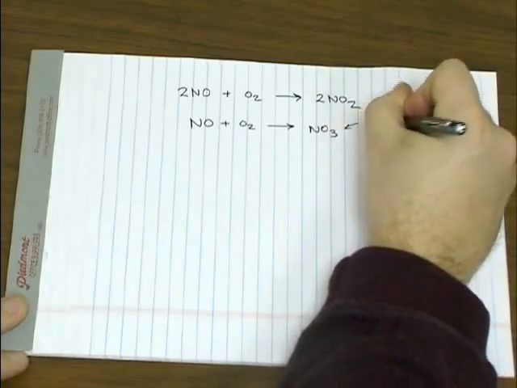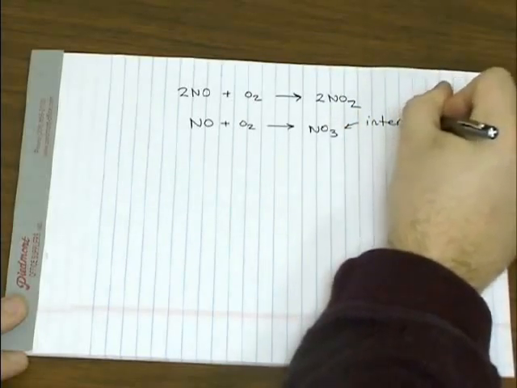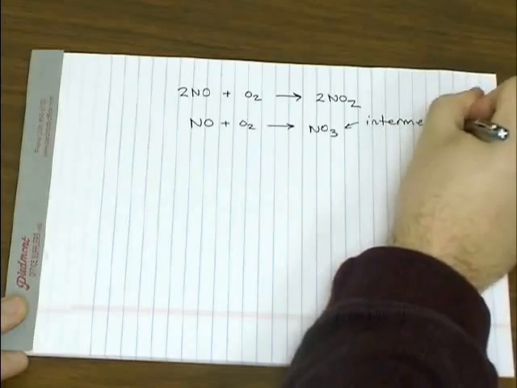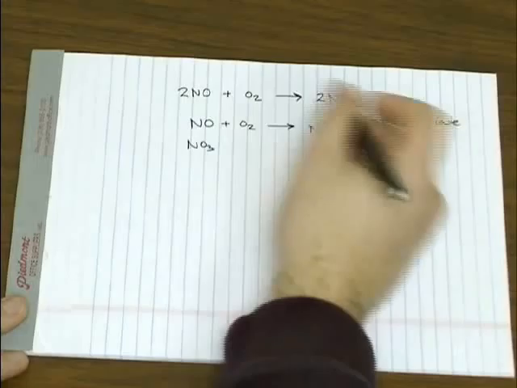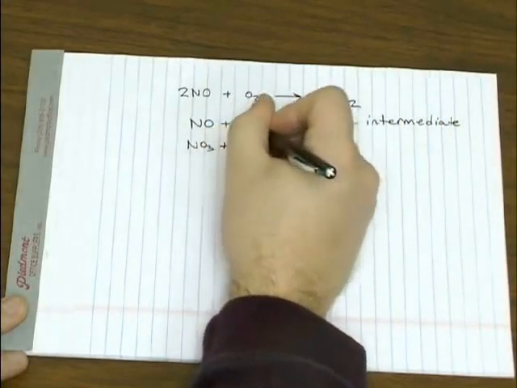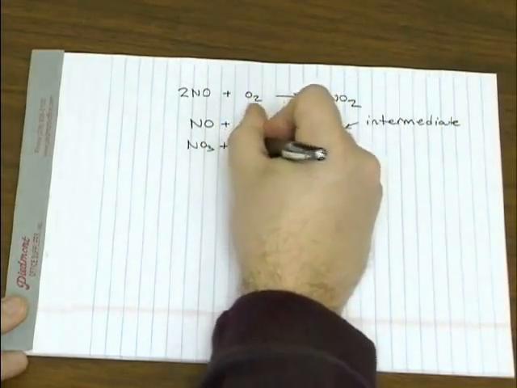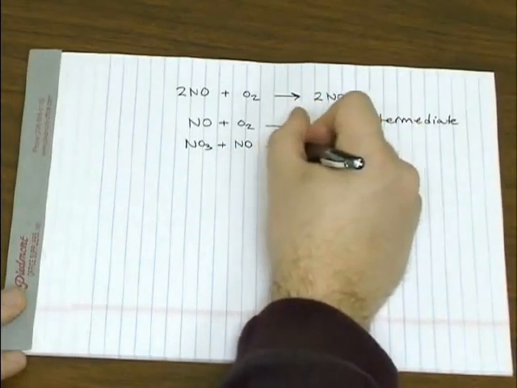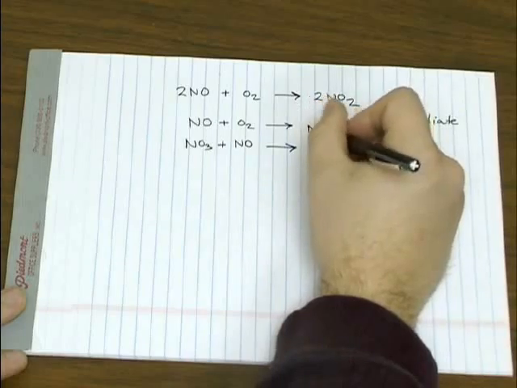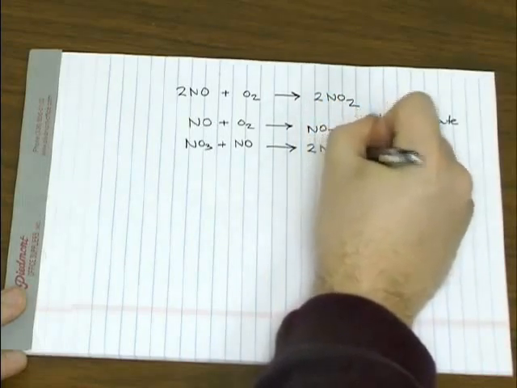And this is what we'd call an intermediate. It's an intermediate because the NO3 can go on and react with another equivalent of NO to give you NO2.